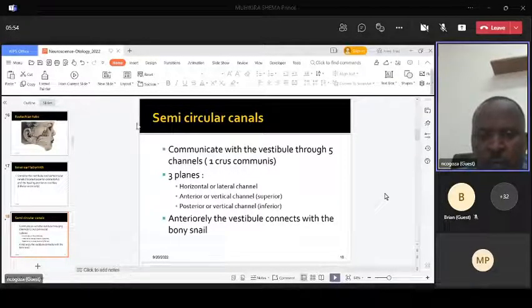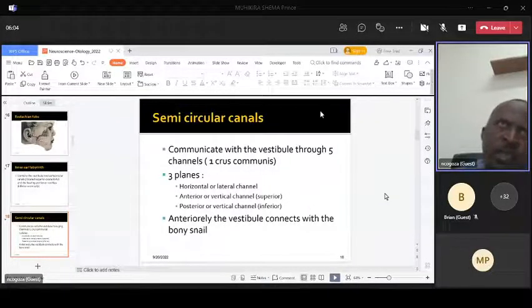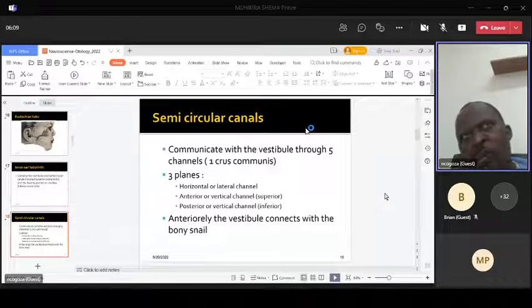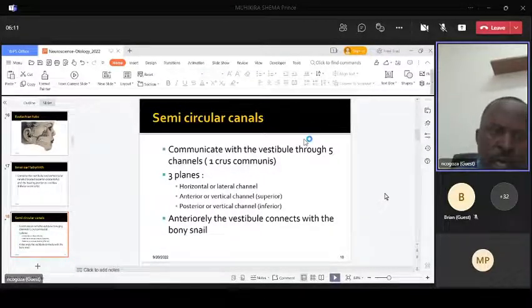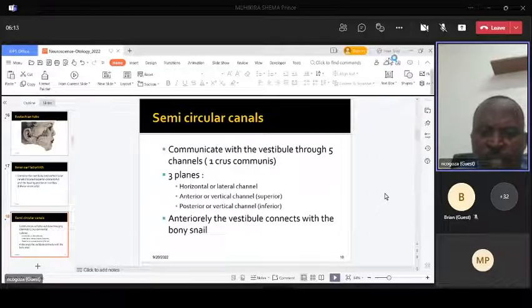canal. Those are responsible for movement, like angular movement. You see, you test on one side, you bend the head on one side or the other side. Those are the ones controlling that movement.